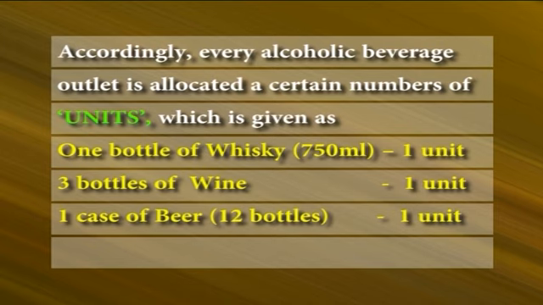Accordingly, every alcoholic beverage outlet is allocated a certain number of units, which is given as 1 bottle of whiskey, that is 750 ml, 1 unit, 3 bottles of wine as 1 unit, 1 case of beer, 12 bottles, as 1 unit.